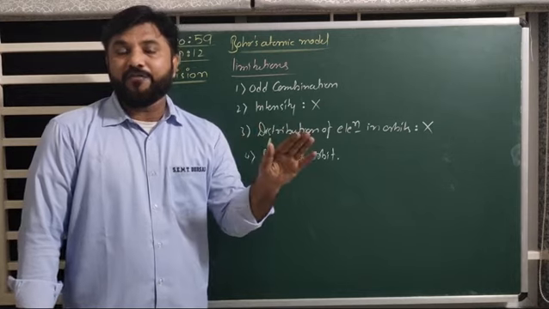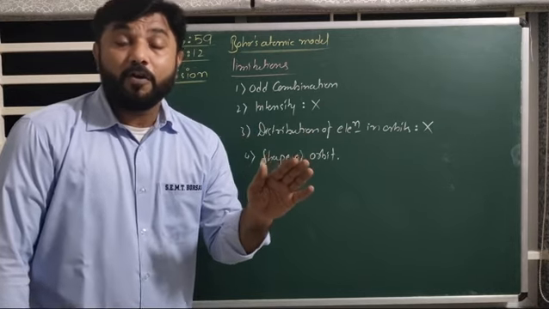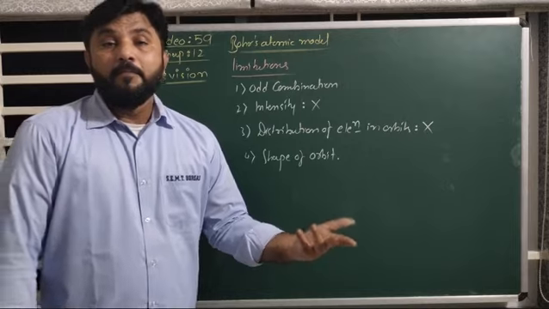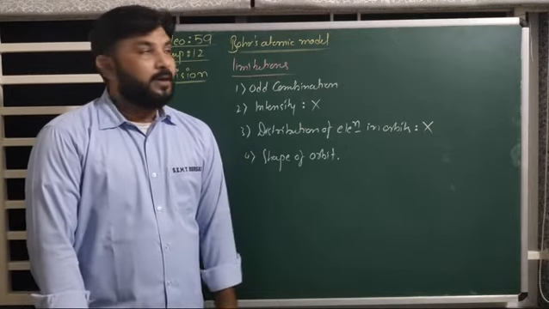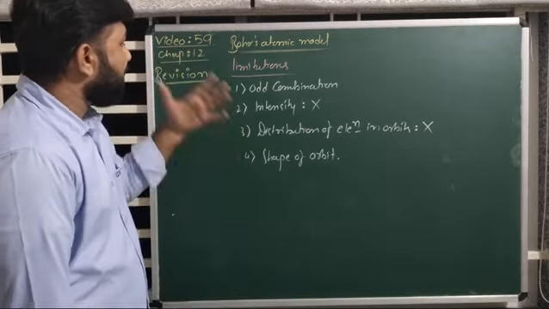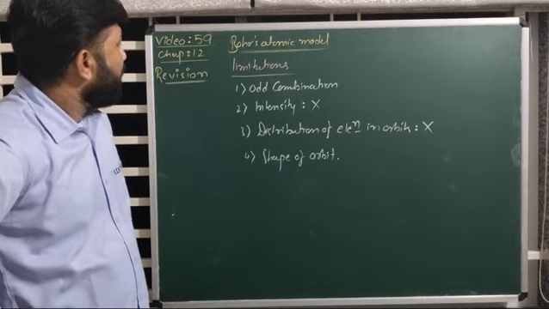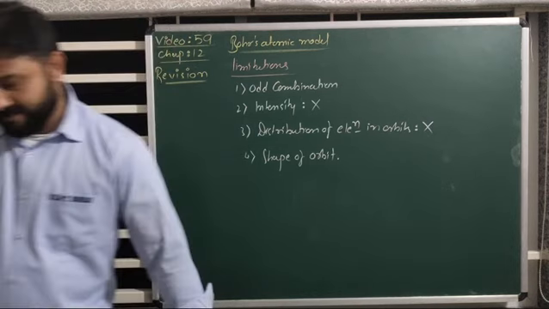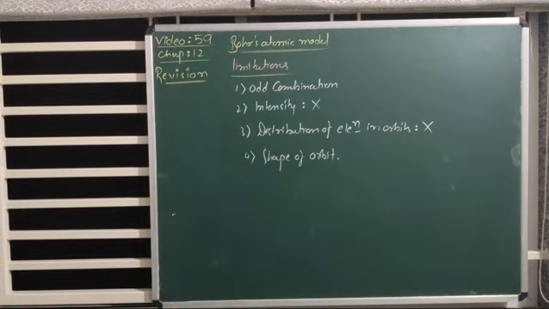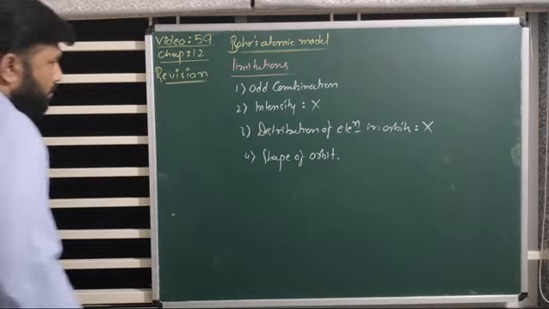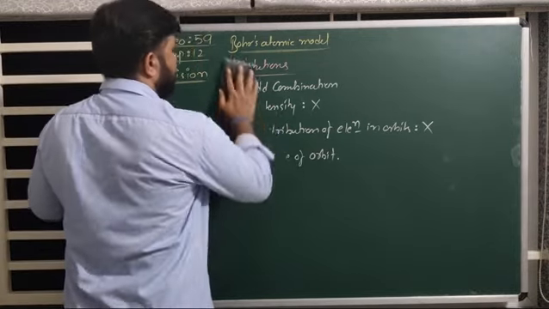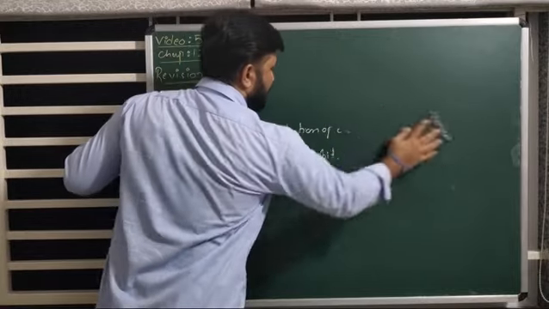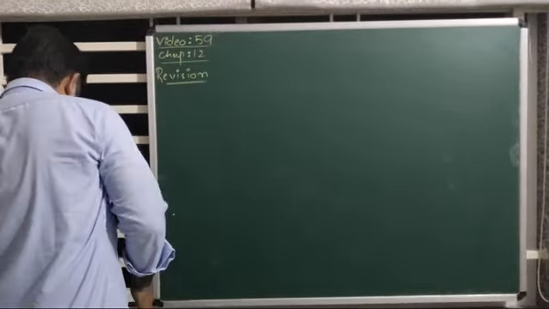It does not give any information about the shape of that orbit. The orbit may be elliptical. Got it? So these are the limitations of Bohr's atomic model. Try to recall for a few seconds. Okay? So this is about Bohr's atomic model.